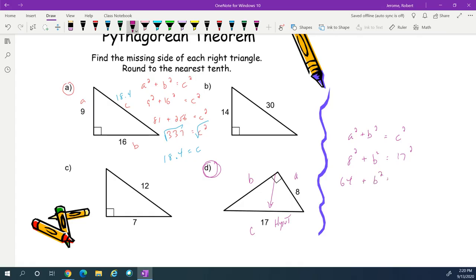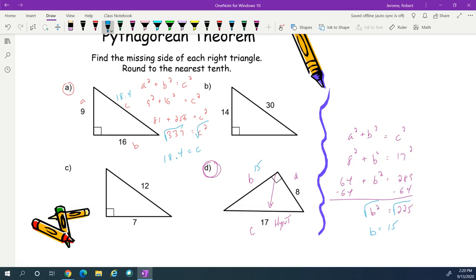We grab our calculator. That's 289. Subtract 64 from both sides. B squared is 225. And now, of course, we want to square root. And we get B equals 15.